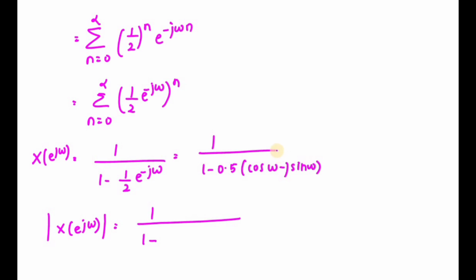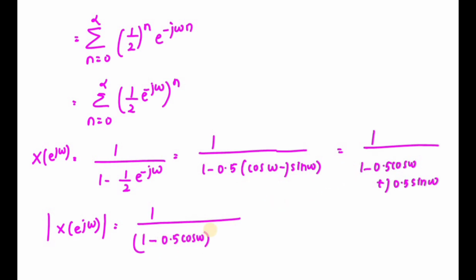Even if I split this one, I can write it as 1 divided by 1 minus 0.5 cos omega plus j 0.5 sin omega, right. So if I take the magnitude, it is the root of 1 minus 0.5 cos omega the whole square, plus 0.5 sin omega the whole square, right.